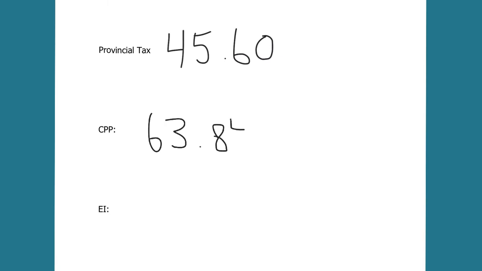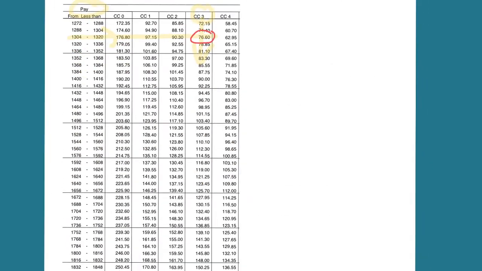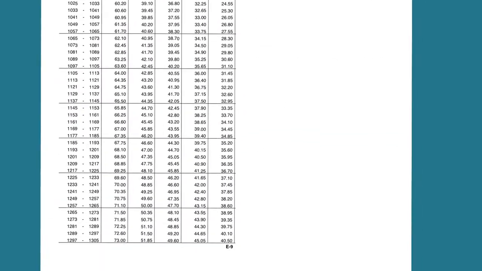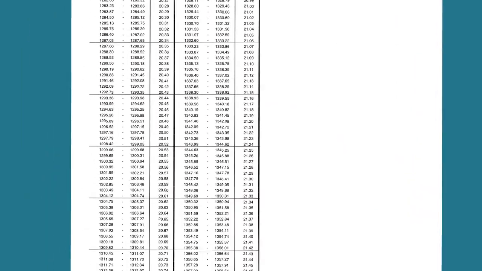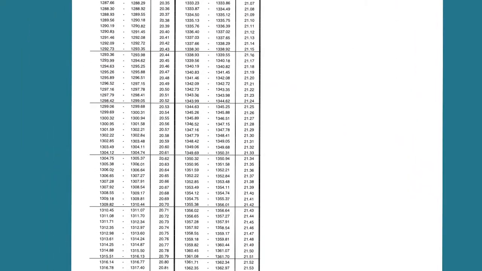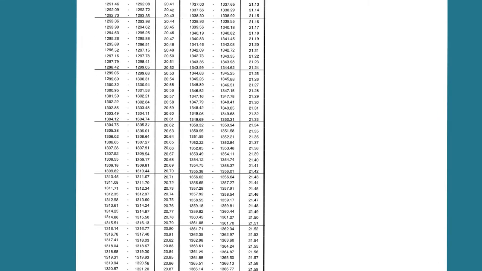And then the last one we need to do is our EI. So we'll scroll to the one, and you will flip to the one that says EI, and we'll find her salary there. $13.06 would be right here. So she would pay $20.63 right there.